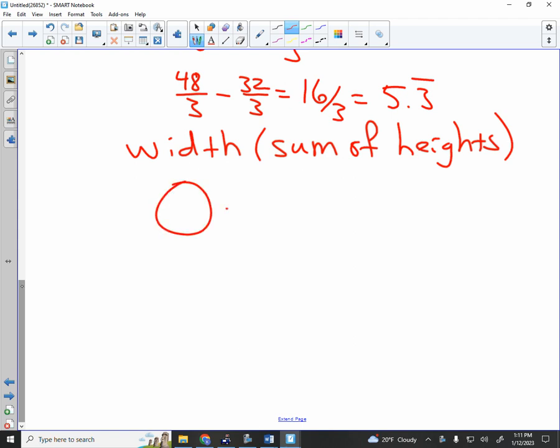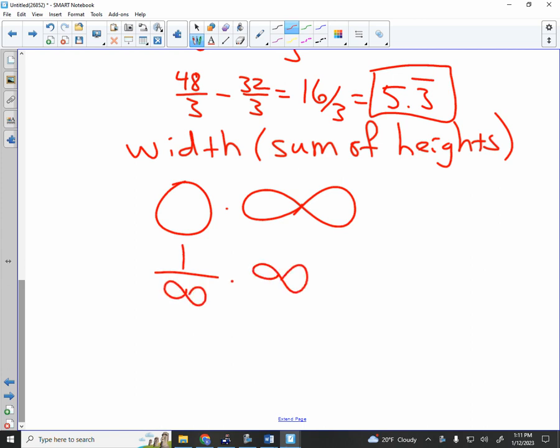And since you have an infinite number of rectangles, the height's going towards infinity. And so we're wondering, which one wins out? Turns out 0 times infinity is 5.3 repeating there. And as we talked about before, 0 is like 1 over infinity times infinity, or in other words, what is infinity over infinity, which is what we kind of started this class talking about. So it's a pretty cool big connection there.